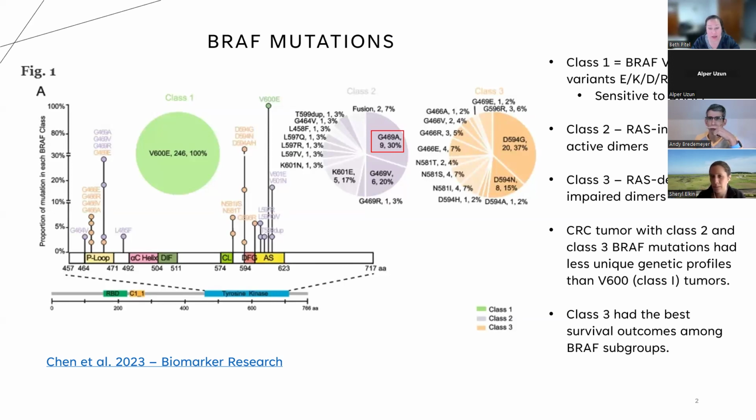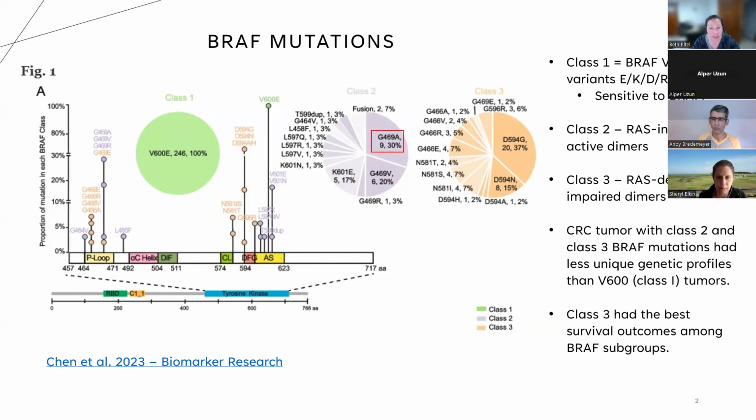And so through this study that I've cited here in biomarker research, they found that this was basically on colorectal cancers. So CRC tumors with class 2 and 3 BRAF mutations had less unique genetic profiles than V600. And class 3 had the best survival outcomes regardless of treatment strategy.